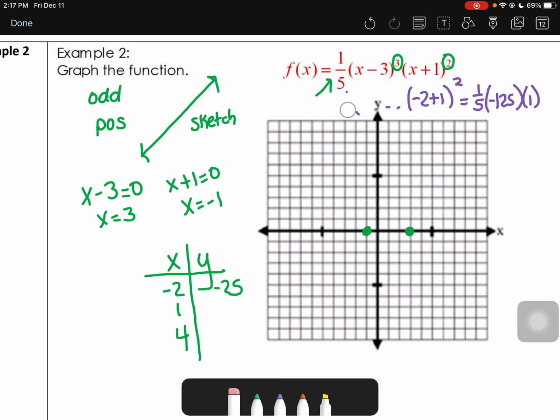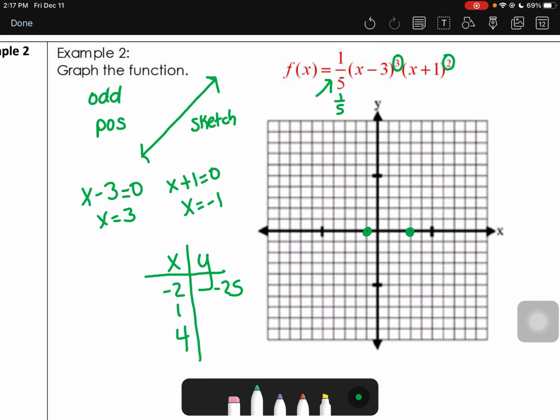Now we're going to put a 1 into our equation. So we have 1/5 times 1 minus 3 cubed, times 1 plus 1 squared. 1 minus 3 is negative 2, and negative 2 to the third power is negative 8. 1 plus 1 is 2, and 2 squared is 4.